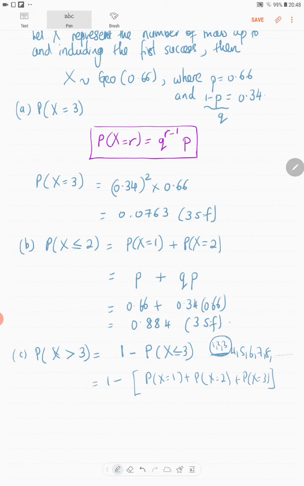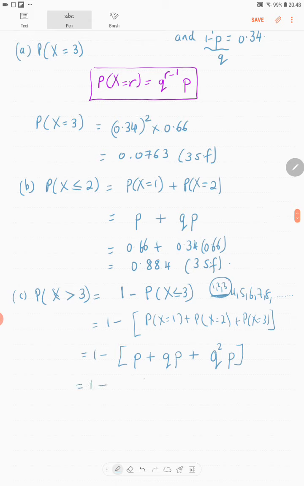So we have 1 minus: probability X is equal to 1 is P, probability X is 2 is Q times P, probability X is equal to 3 means we have failure on the first two trials, this is Q squared, and then on the third trial we have success.